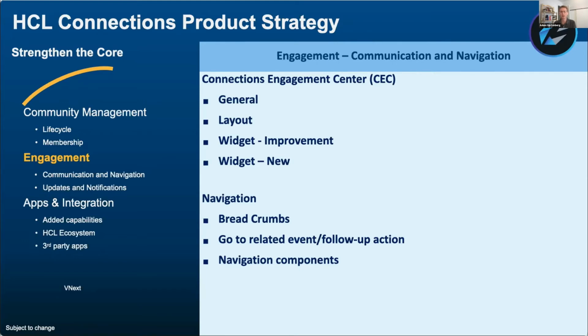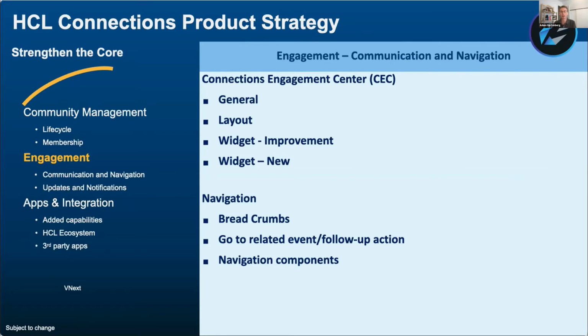On the navigation front, this really fell into a few camps as well. As a good example where I was saying we had some things, the direction we're getting from AHA is definitely helpful. So one idea is breadcrumbs. So making it easier to navigate between engagement center and Connections, for example. We know that engagement center provides a much more user-friendly front end, but I click on a blog post and now I'm in my blog in a community, and that's good.